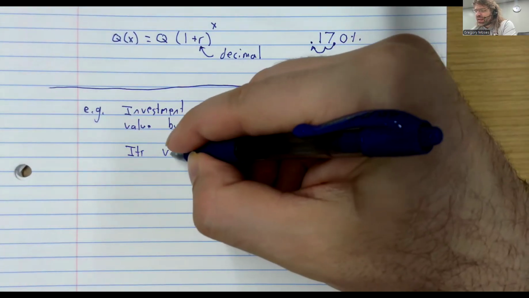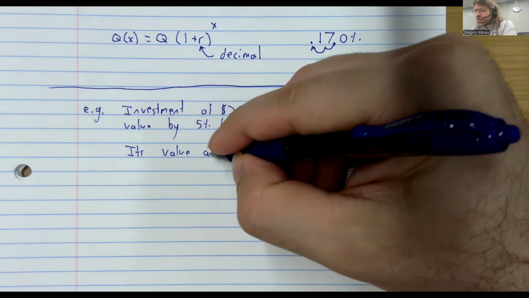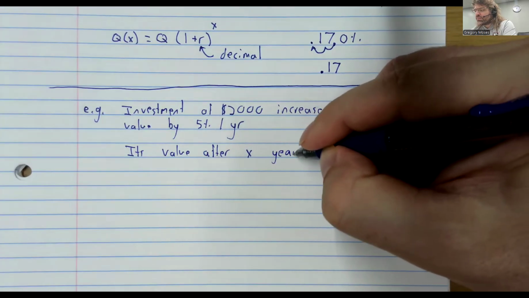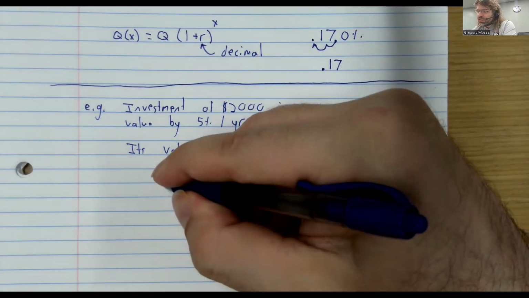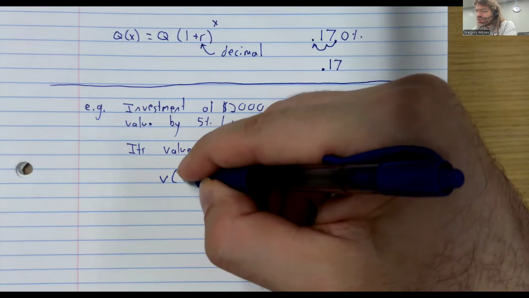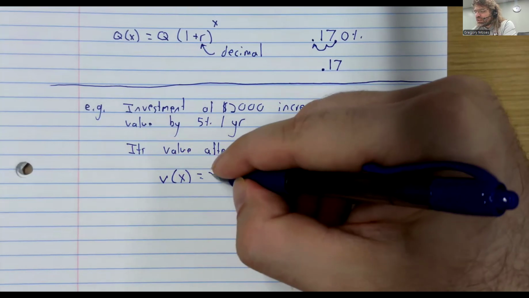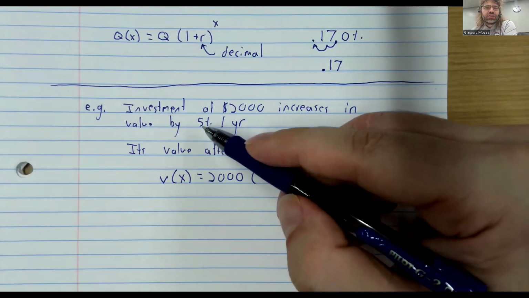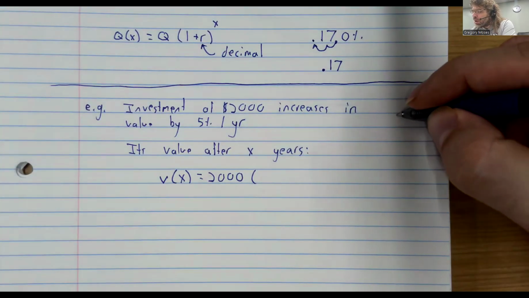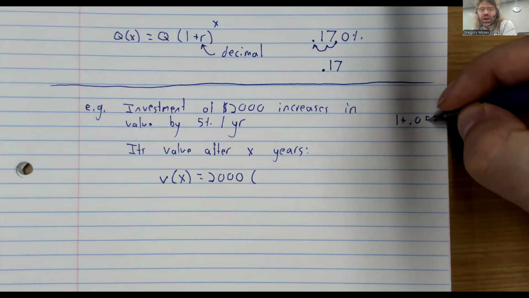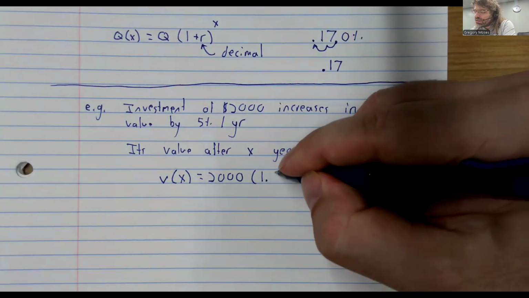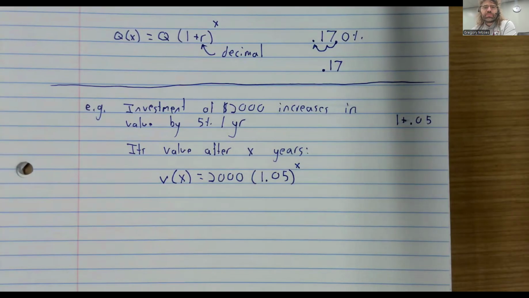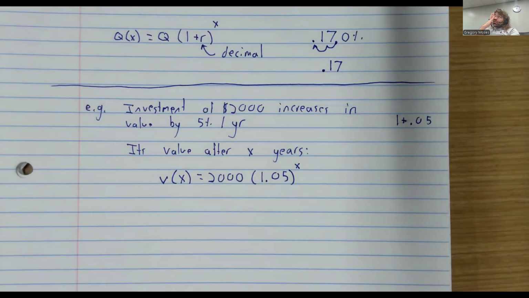Its value after X years is, we can use V for value, V of X is 2,000 times, 5% is 0.05, 1 plus 0.05 is 1.05 raised to the power of X.